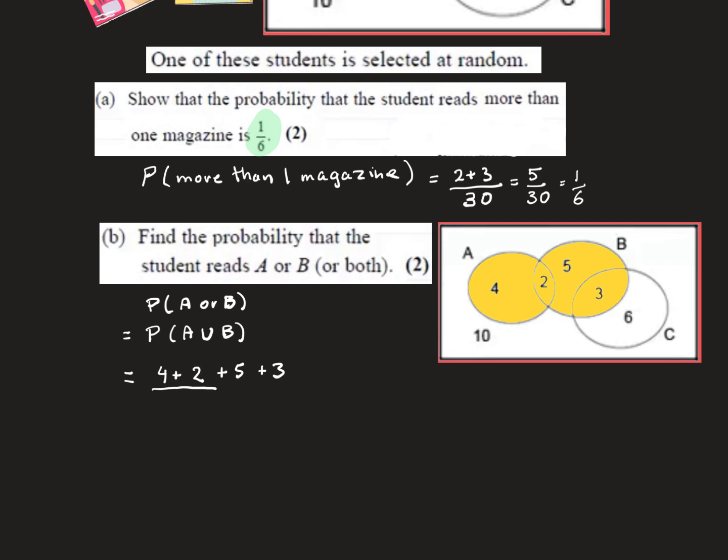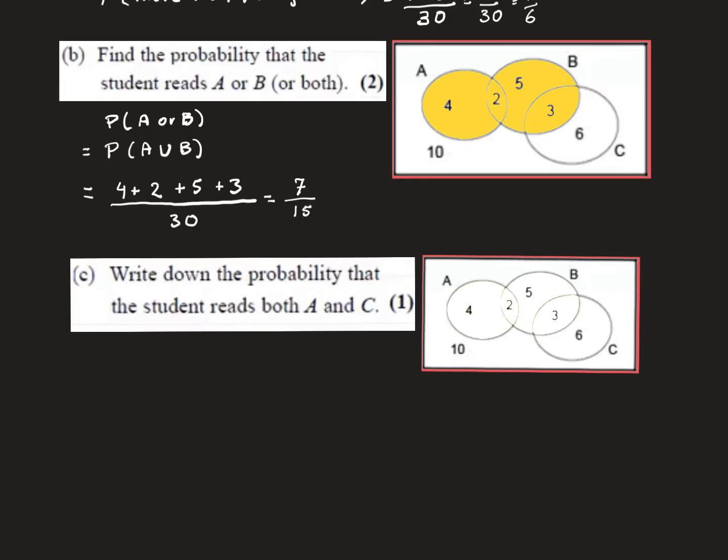Now, because it's a probability, we need to divide it over the whole class of students, which is 30. And that will be 7/15. And we cannot simplify this, so it will just stay as 7/15. And this question is a little bit unusual, so it's worth doing.